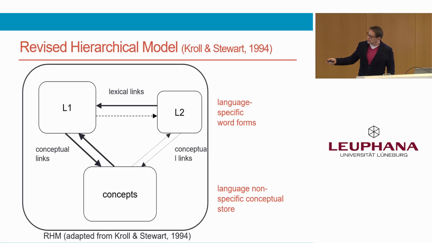Now we'll get back to this a few times because we can, again, test these predictions. The conceptual links between concept and L2 are very weak, whereas the conceptual links between L1 words and the concept are very strong, okay? That would be the starting point. And what this model allowed us to do is to look at various stages of learning, of proficiency in L2 learners, and then to see how these links change over time in strength.